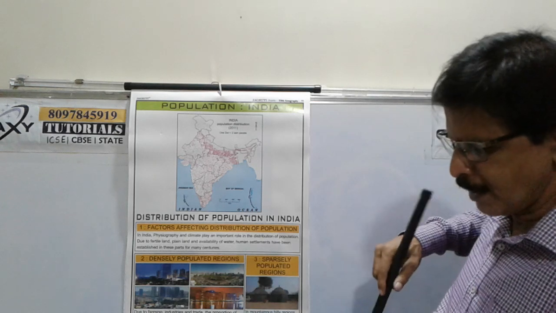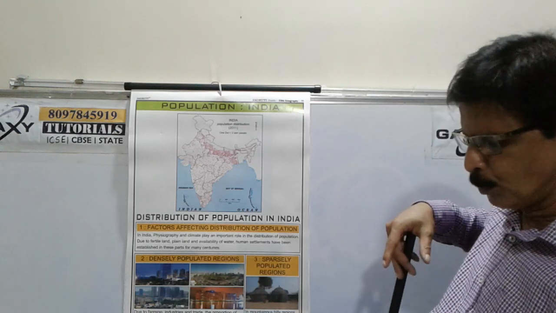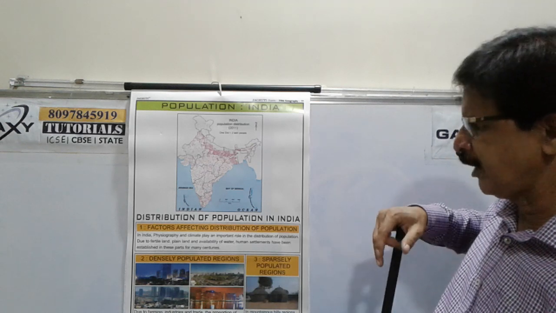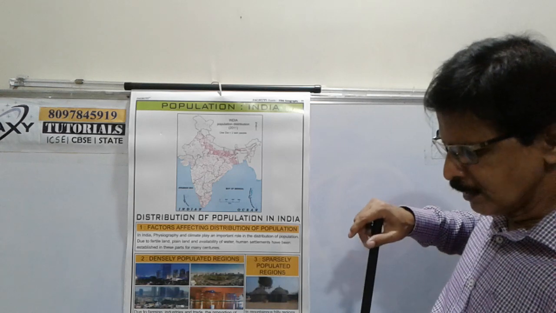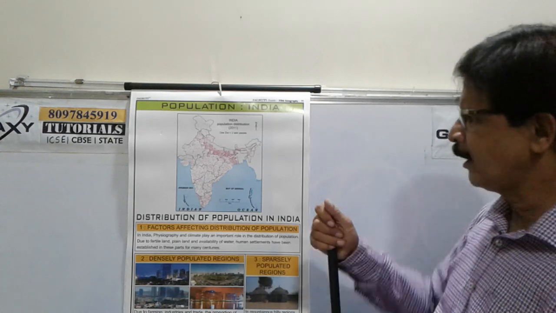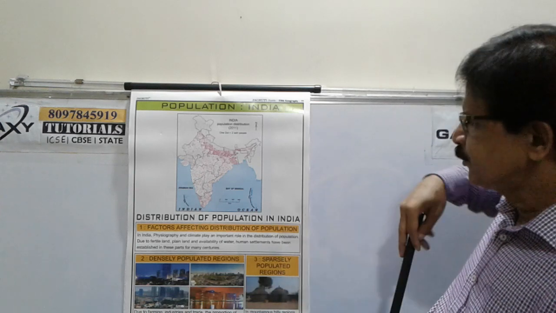Then on the basis of the map given above, they have asked you to classify the distribution of population in India in the table. First, population density where there are less than 100 people per square kilometer.